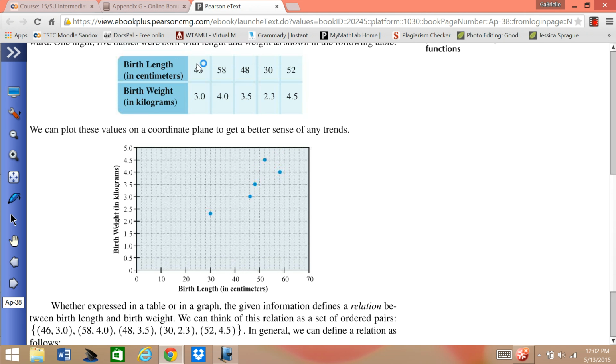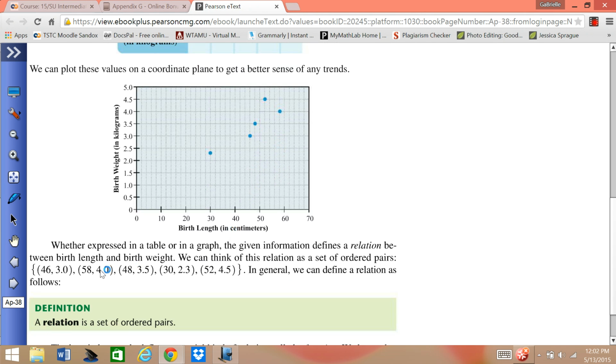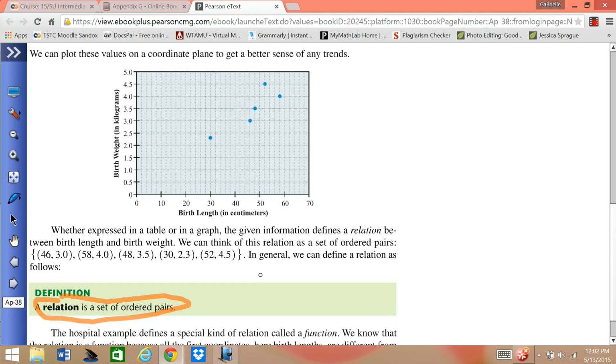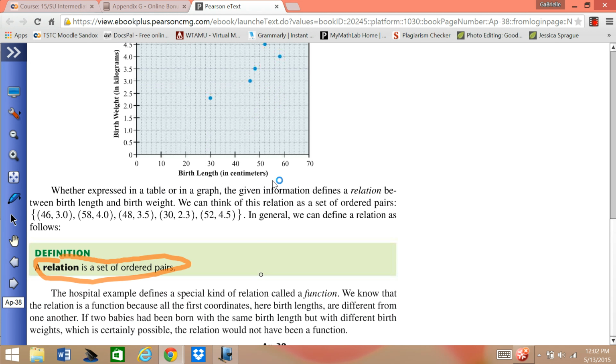Notice these are relations, and the relations are also ordered pairs, which brings us to our first definition: a relation is a set of ordered pairs. I'm going to circle that. That's the first definition we need to understand regarding functions, that a relation is a set of ordered pairs.